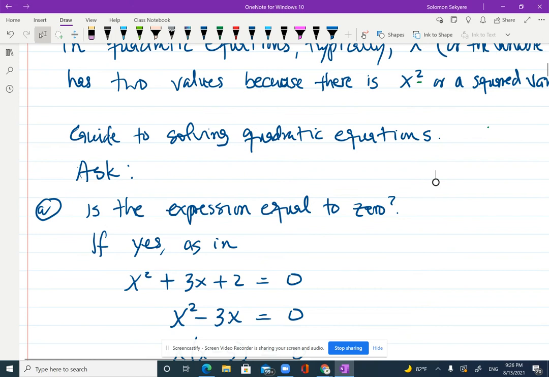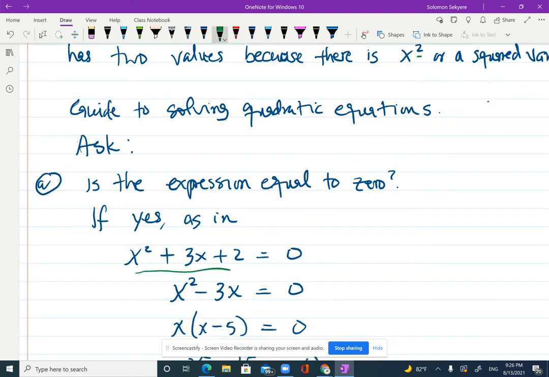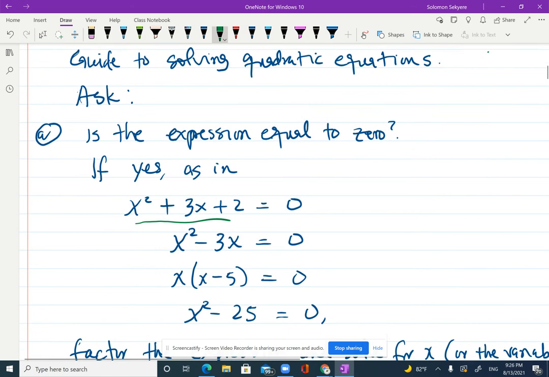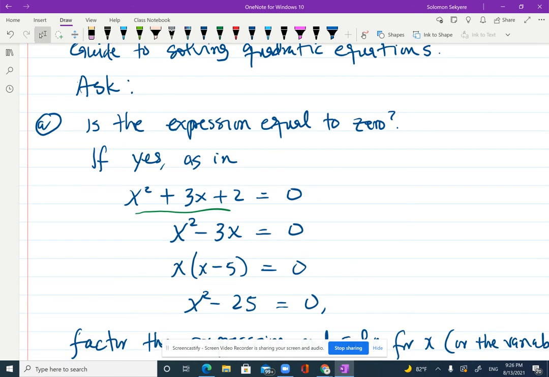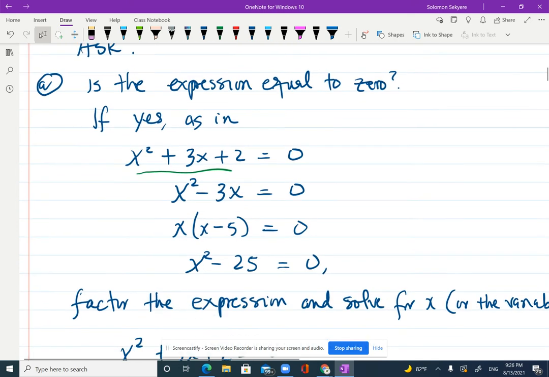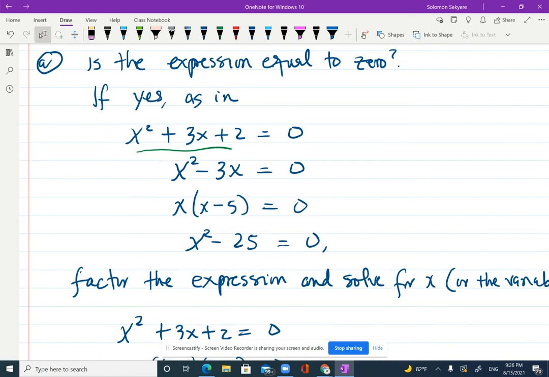When you have a quadratic equation, you ask yourself, is the expression equal to 0? If it's equal to 0, then all you have to do is factor the expression and then solve for x. If it's not factored already, then you have to factor it. If it's already factored, like here, you just solve x equals 0 and x minus 5 equals 0.